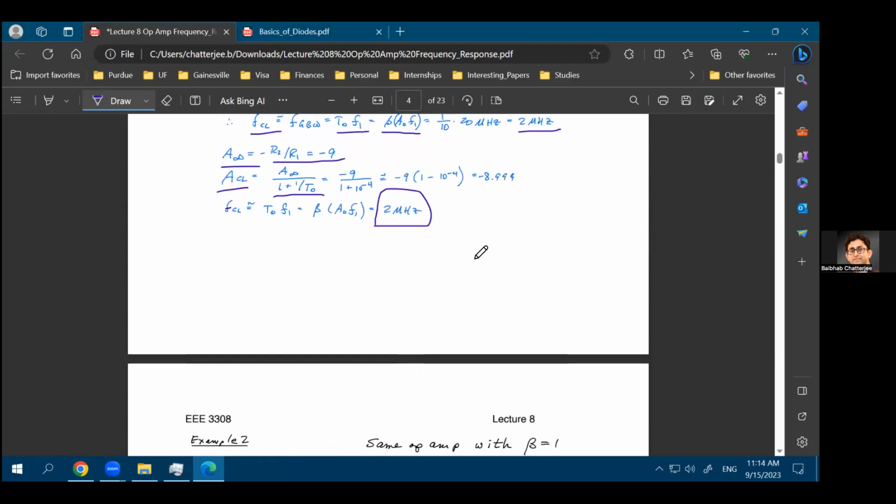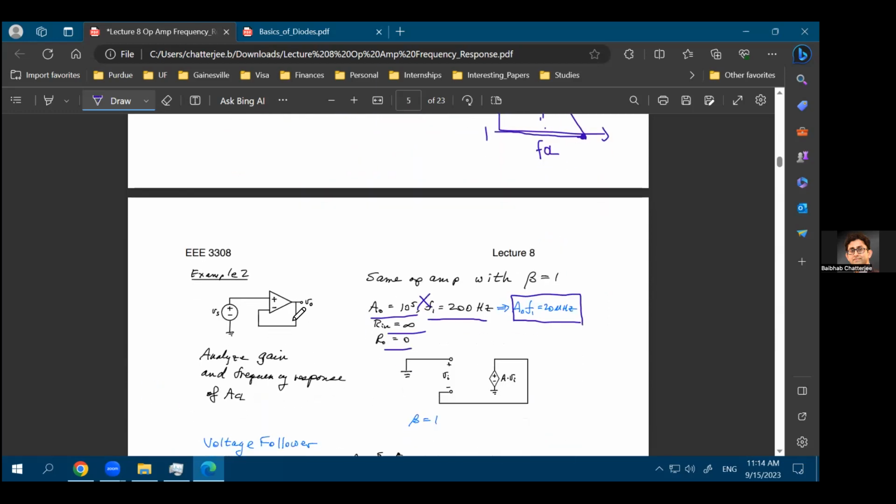Keep in mind, again, this plot. Gain open loop, bandwidth of open loop. And what is this intersection point? This intersection point is where your gain becomes equal to 1. So your y-axis value is equal to 1 here. And this will be called the gain bandwidth product, or the multiplication of A open loop and F open loop.